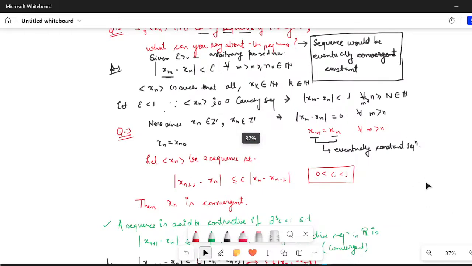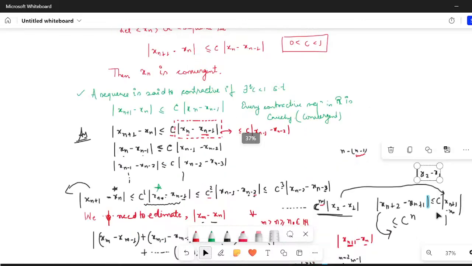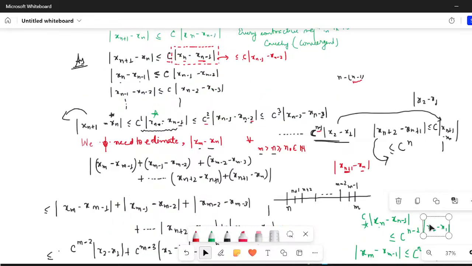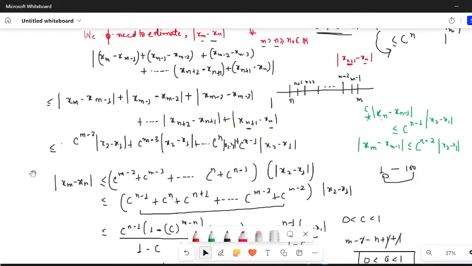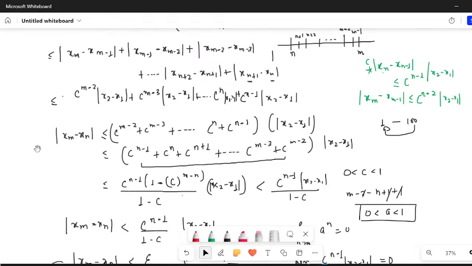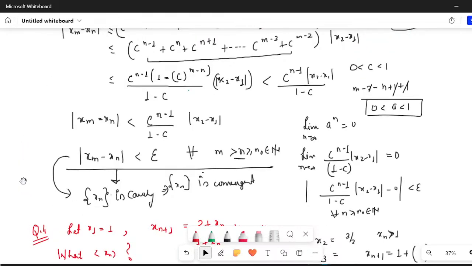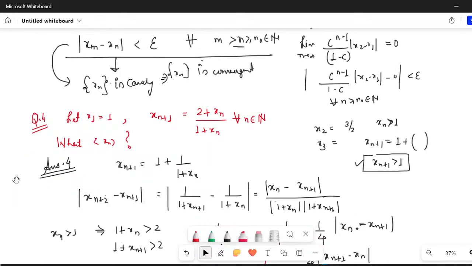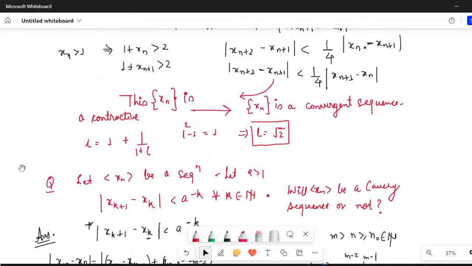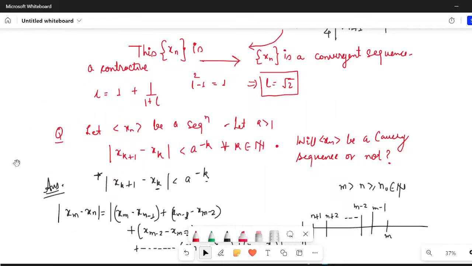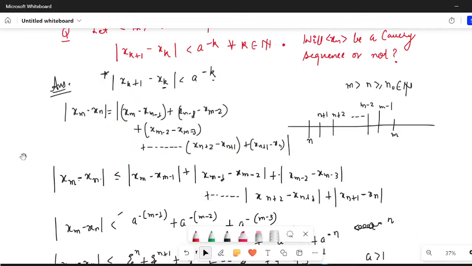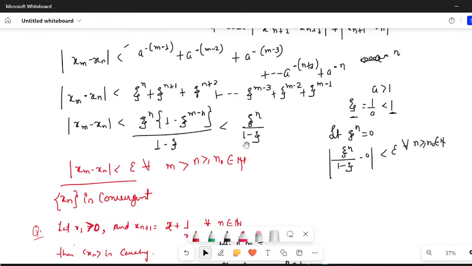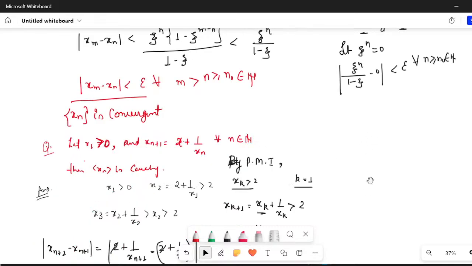A few things that we've already done: we've already stated the contractive sequence, and we've stated that a contractive sequence is a Cauchy sequence. Today I'm going to do much related to Cauchy sequences. Just wait a minute for people to join in, and once they join in, I will start.